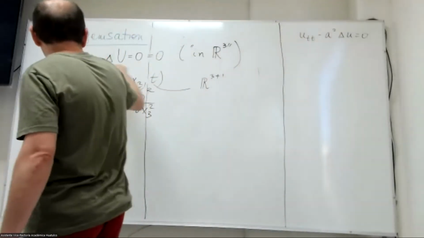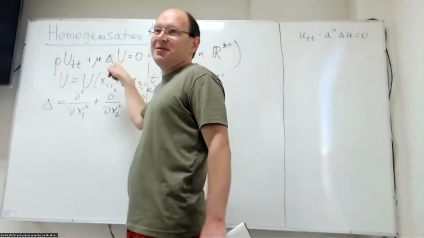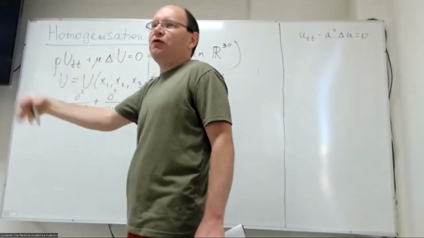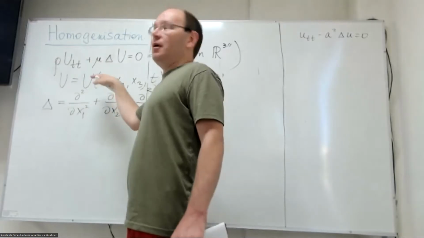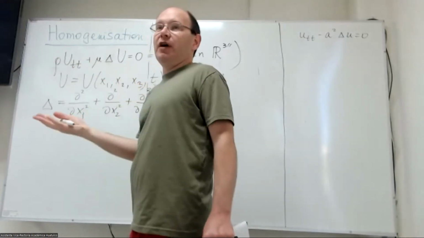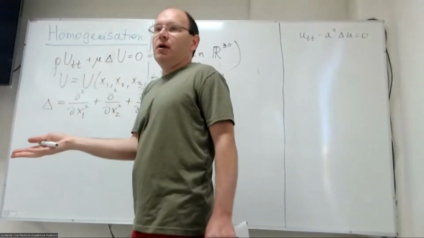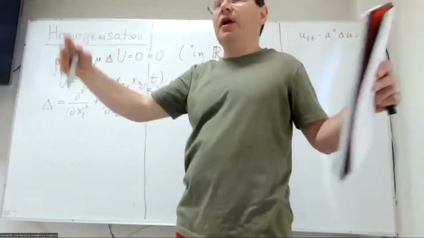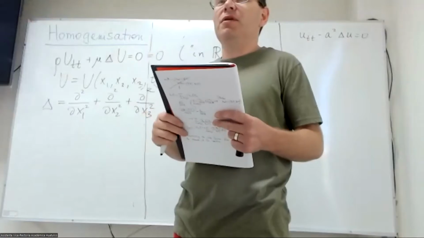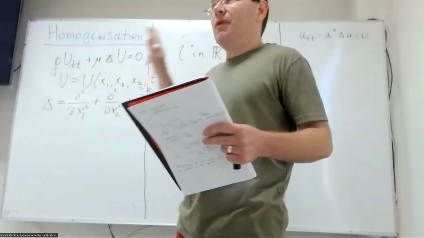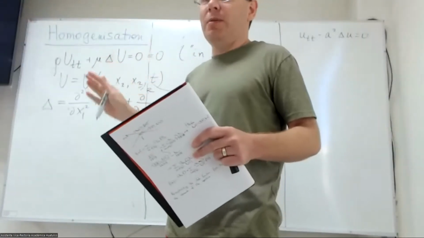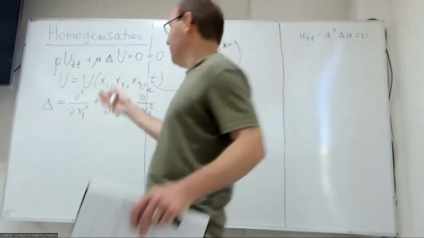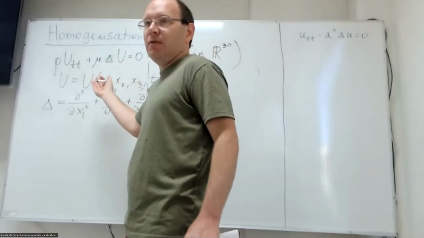Okay, so of course there are infinitely many solutions to this, right? So there is still a lot of information missing here in order for me to be able to say here is a solution. Yeah, in the whole space, I will need some radiation conditions, maybe, right, and things like that. So for the time being, I'm not going to talk about them. I'm just interested in what sort of solutions this equation might have, right?